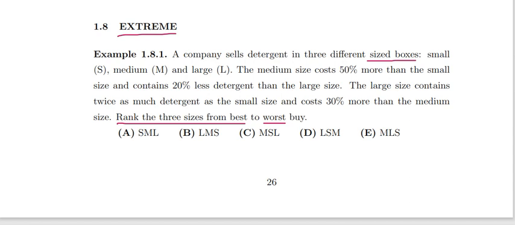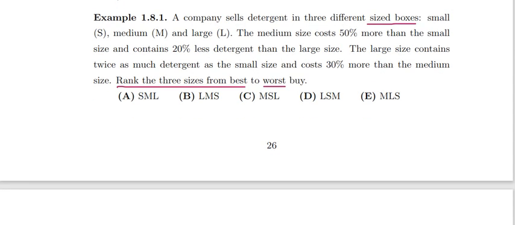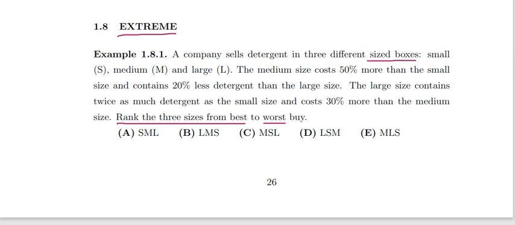Okay, so here we have three sizes: a smaller one, a middle one, and a larger one. We have three boxes. So what do best and worst mean?